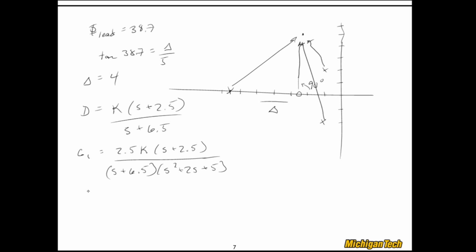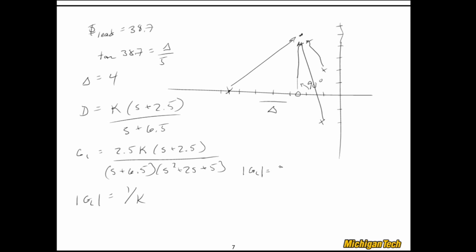And use this equation: the magnitude of GL is equal to 1 over K. And the magnitude of GL is the magnitude of all the zeros up to this point, divided by the product of the magnitude of all the poles up to that point. So if I do that, I'll have 2.5 from this.